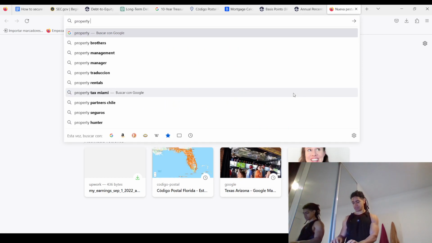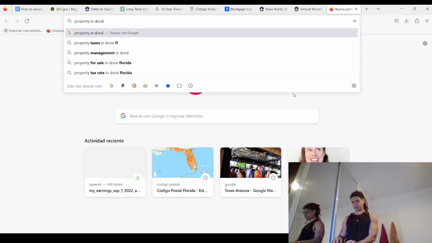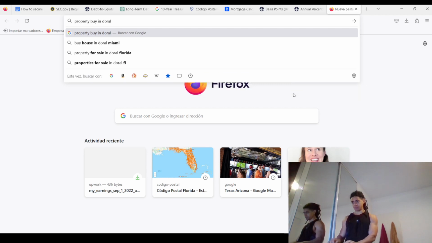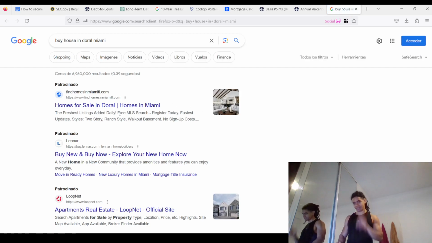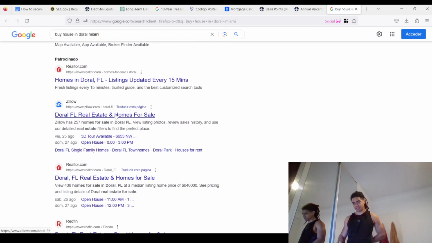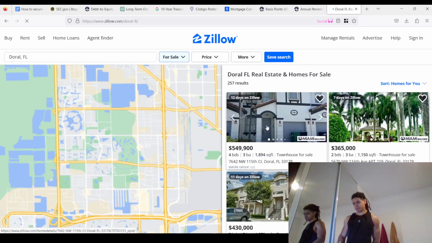Property in Doral. Buy a house in Doral, Miami, for example. I just want to know their price.